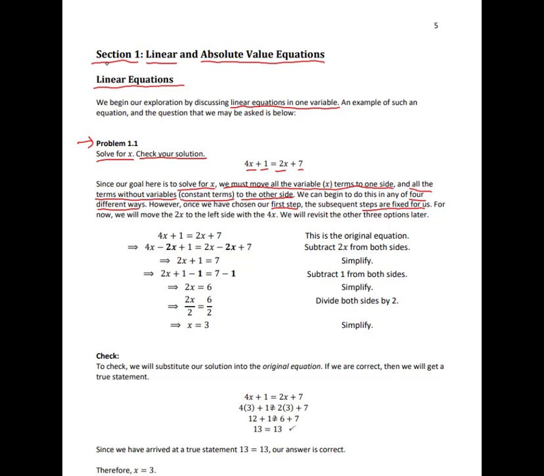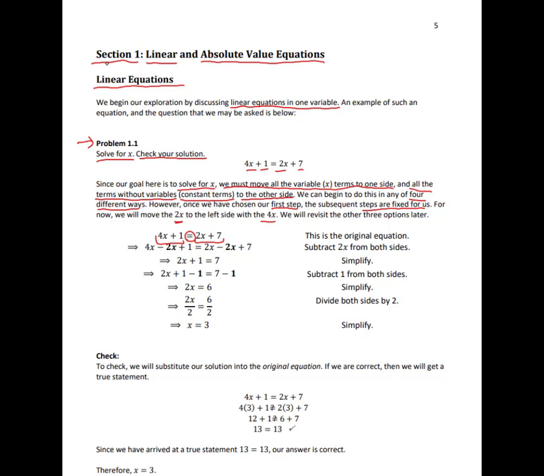Okay, so for now, we're going to move 2x to the left side with the 4x. Also remember, just because you're dealing with an equation, what you do to one side of the equation, you have to do the same thing to the other side. So let's subtract 2x from both sides.